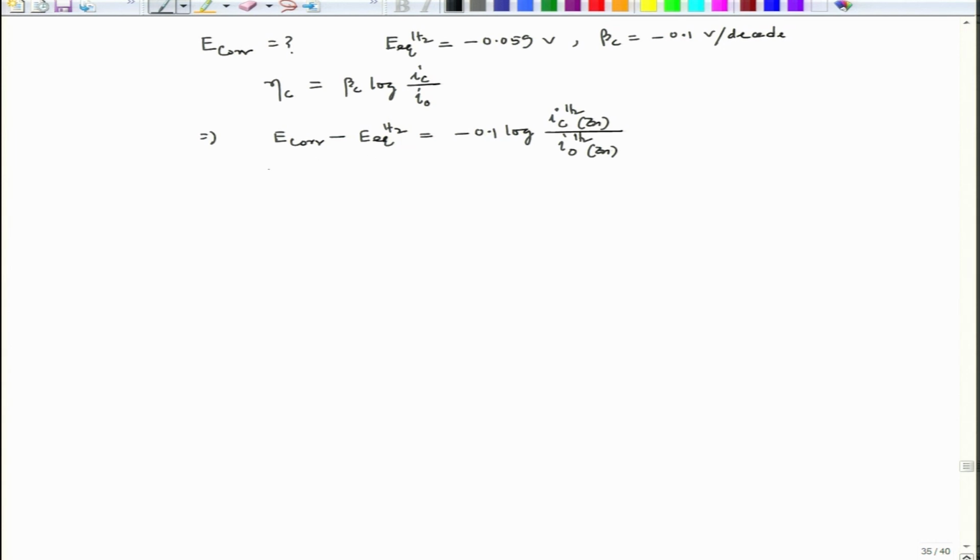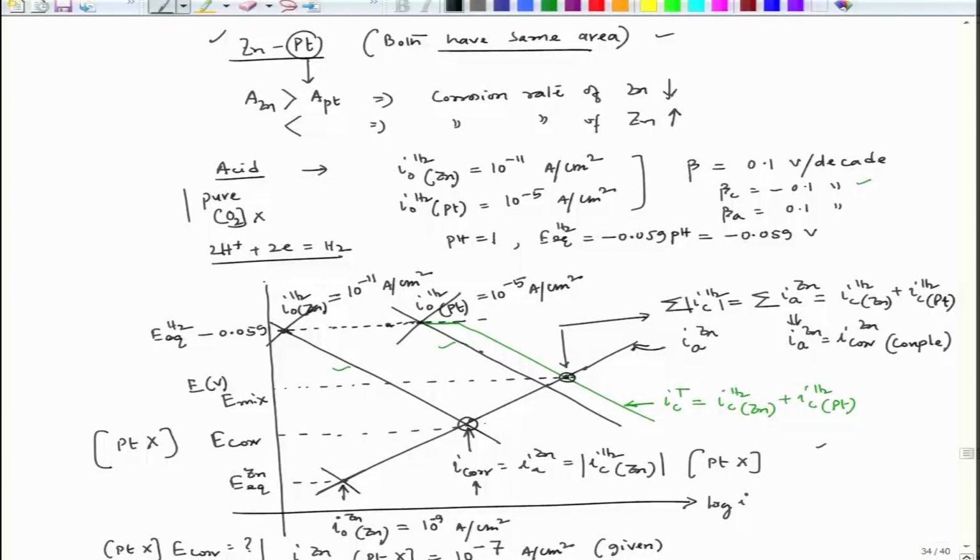Now, we know all those values except this. So, let us put them in. E corr plus 0.059 equals 0.1 log 10 to the power minus 7 divided by 10 to the power minus 11, since at this point IC hydrogen evolution over zinc surface is equal to I corr.